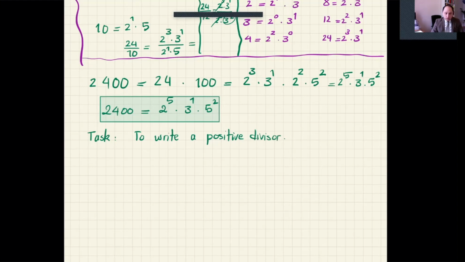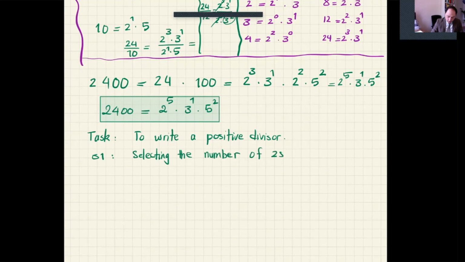So this task can be broken down into 3 stages. Can you tell me, for example, what is stage 1? Select how many 2s we want. Yes, selecting the number of 2s.